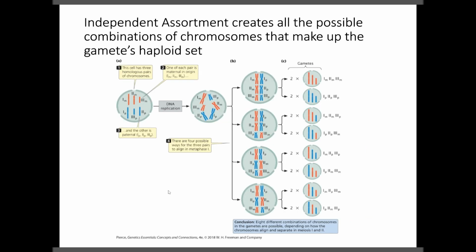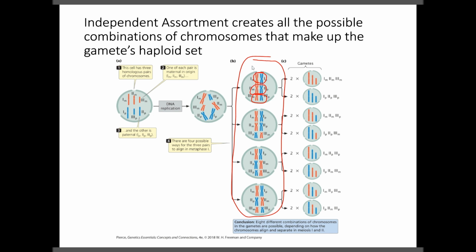Then we take that concept and we overlay it with this concept. Independent assortment primarily describes the way that the homologous pairs line up in metaphase 1 with respect to each other. So this is the long pair of chromosomes, this is the medium pair, and this is the short pair. At least that's how I'm going to call them.